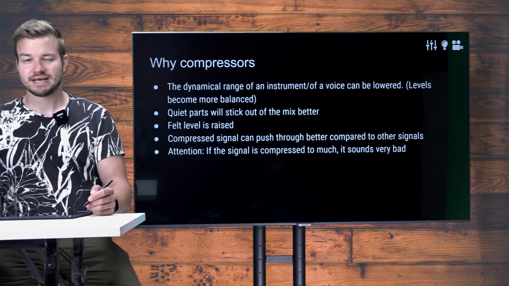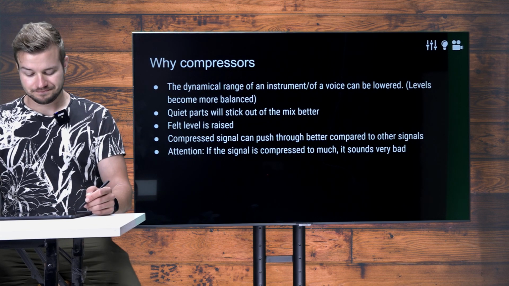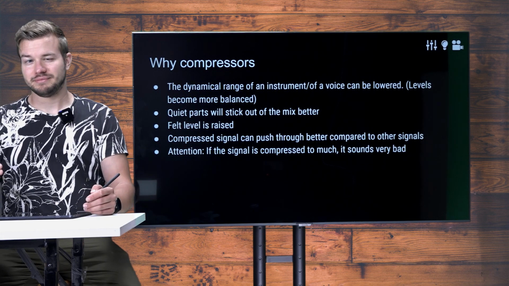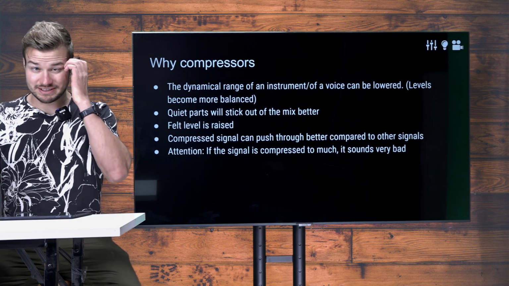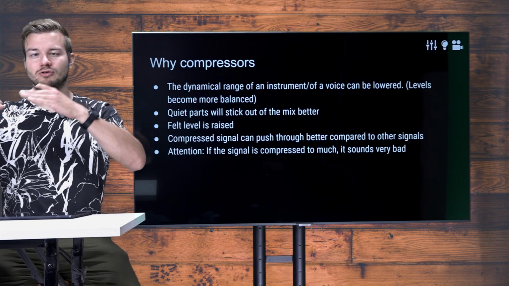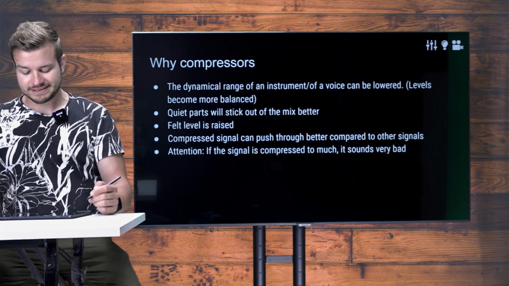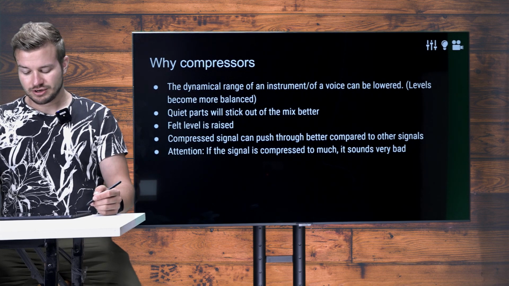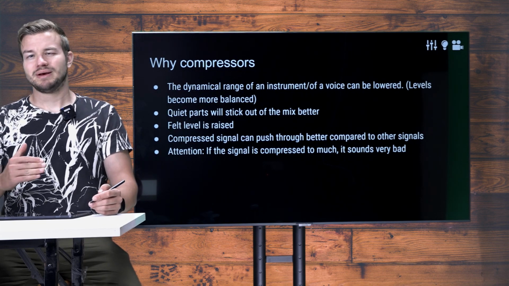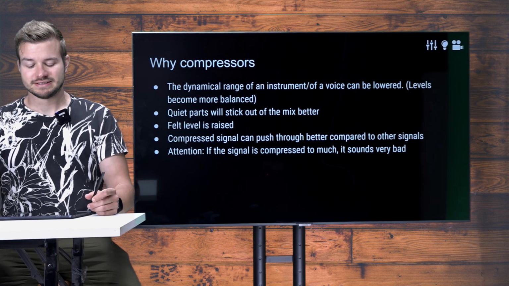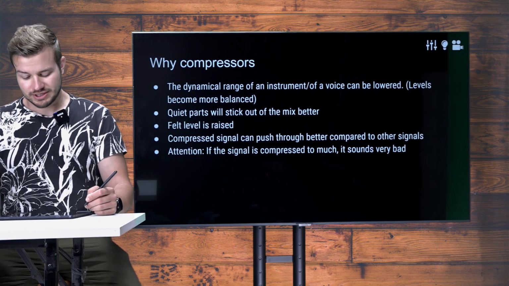Quiet parts will stick out of the mix better, and the felt level of the mix can be raised in this way. So the volume doesn't always change but becomes much more constant, and the compressed signal can push through better compared to other signals. So basically we have much better control over the signals if we use compression.